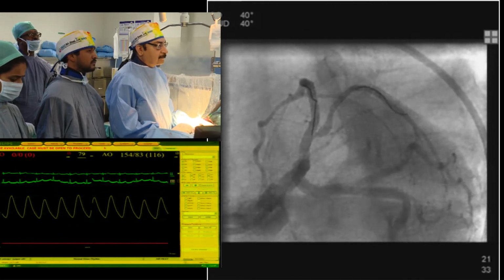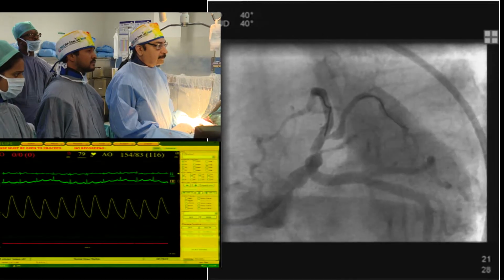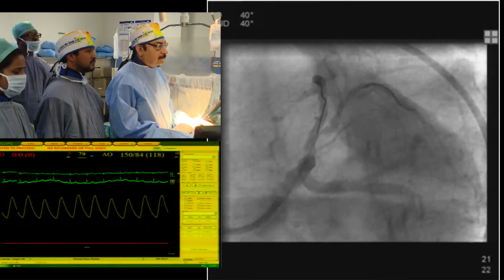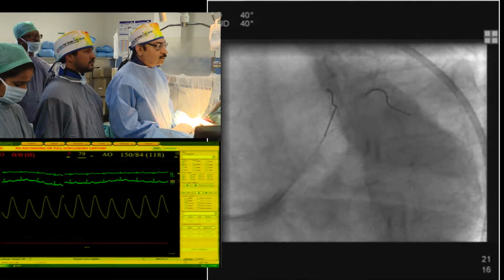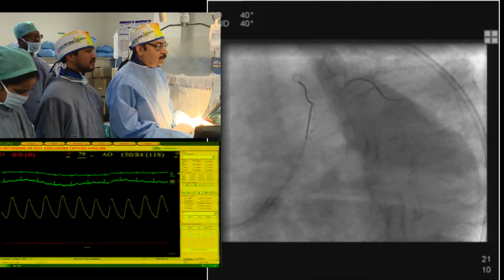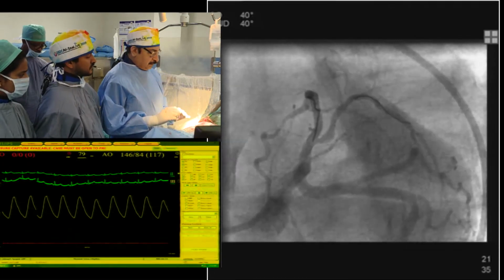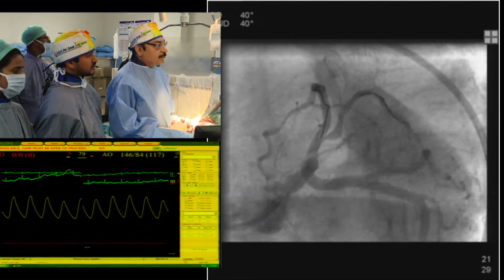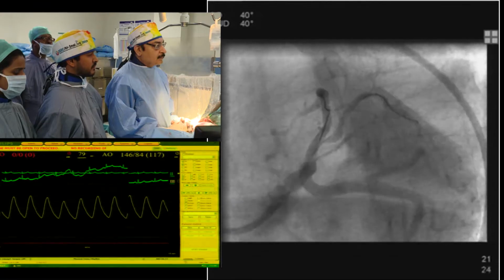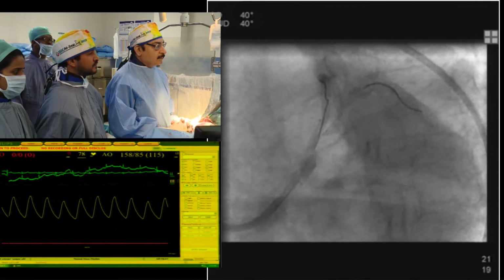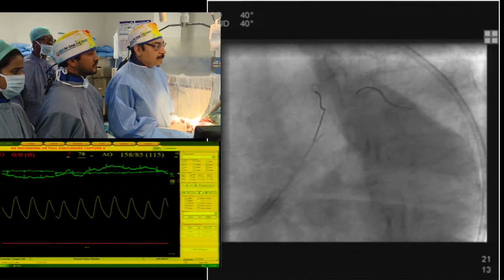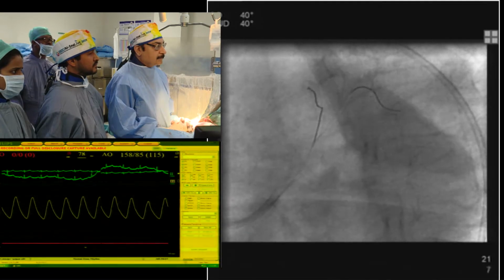But I'm a simple man. I would like to do just pre-dilatation and then try to stent it instead of using a cutting balloon, because sometimes the cutting balloon is quite bulky, and sometimes you will get stuck there and not be able to advance in that 90 degree angulation of the ostium of the diagonal.